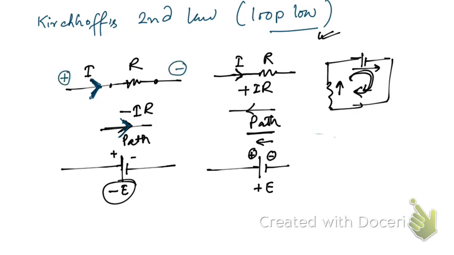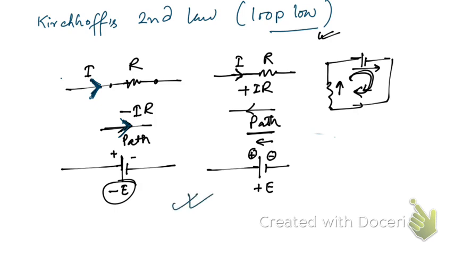That's why in the case of a cell also, if the path is from positive to negative, that is in the direction of current, you can consider it that way. If you consider one positive, the other must also be positive, and in that case both would be negative. So don't be confused. Take only one convention. Let me take this one only.